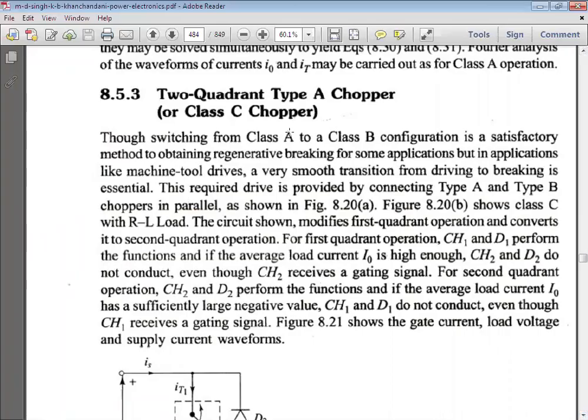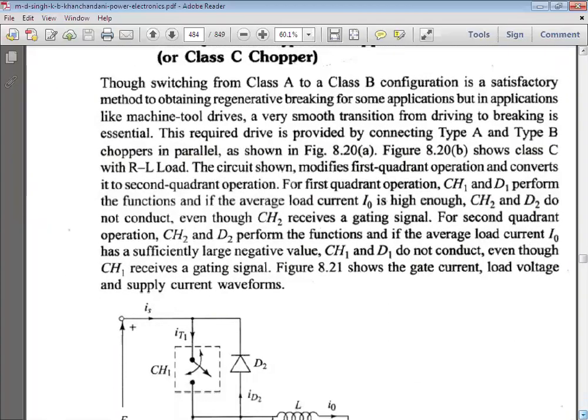The switching from class A to class B configuration is a satisfactory method for regenerative braking, but for some applications like machine tool drives, a very smooth transition from driving to braking is essential, and this requires the drive to provide the conducting type A and type B chopper in parallel. So this is the configuration where type A and type B choppers are connected in parallel fashion.